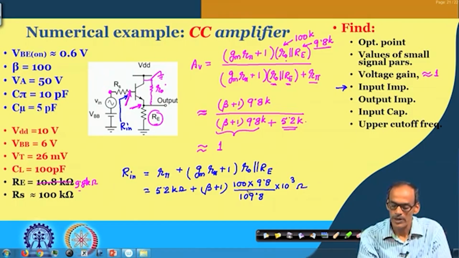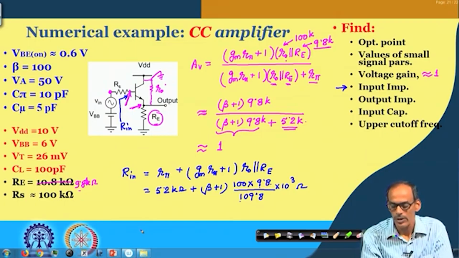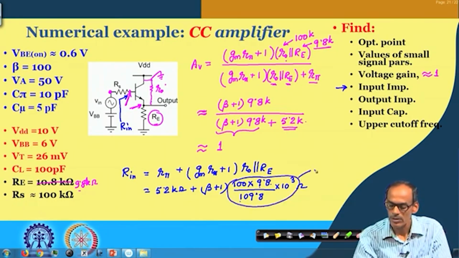This part either we can approximate by 9.8 or we can say that this is close to 9, but it will be very close to 9. If I approximate this part, it is very close to 9 kilo ohm.